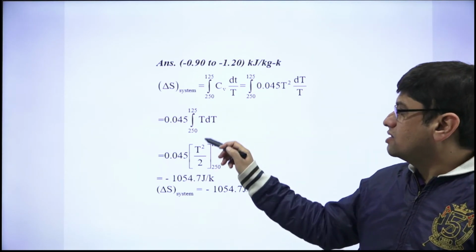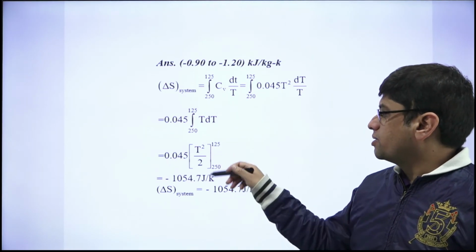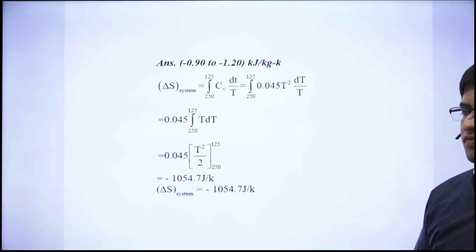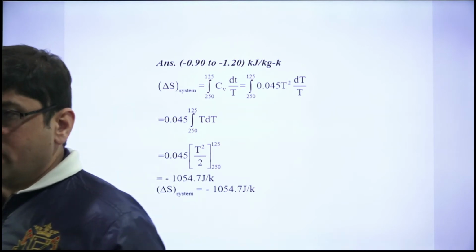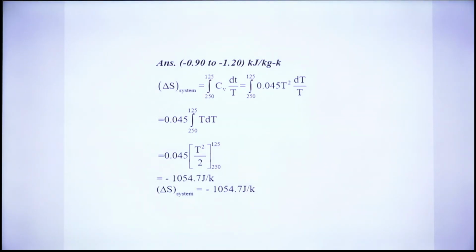So after integration it will remain like this, and the initial temperature is 250, final is 125. So obviously a negative value will come because entropy will decrease as the temperature is decreasing. These are questions I have given you in which Cp, Cv terms are functions of temperature.